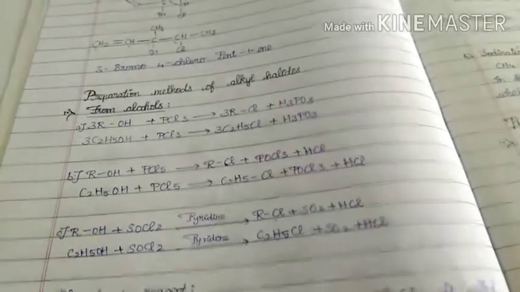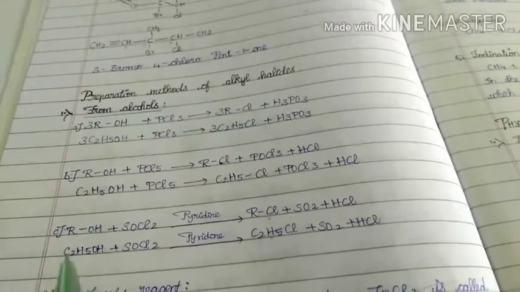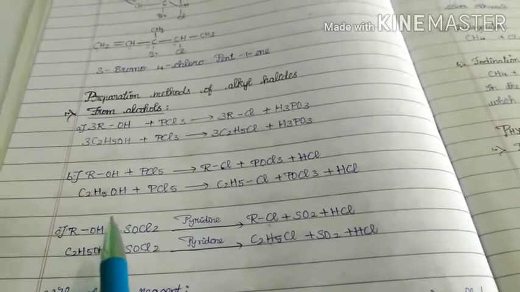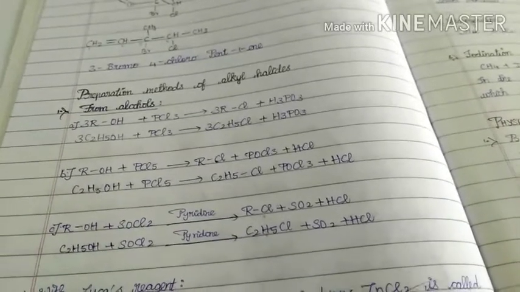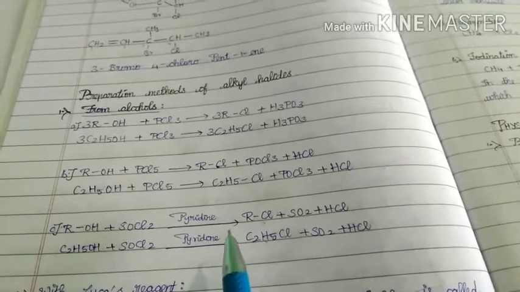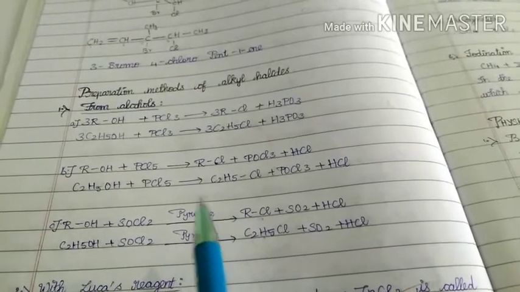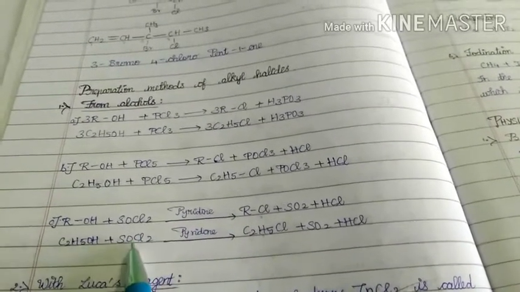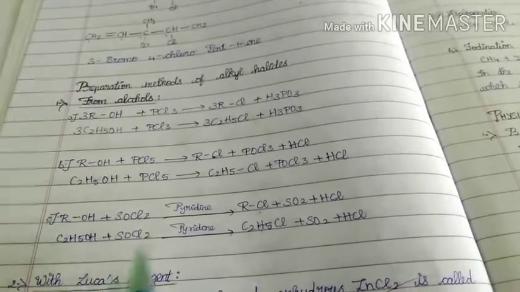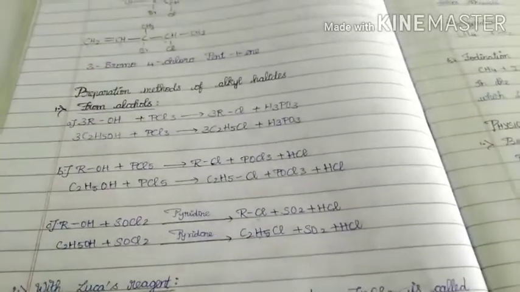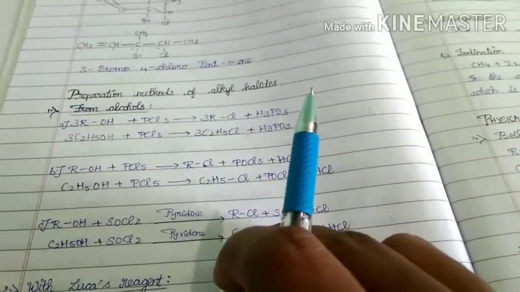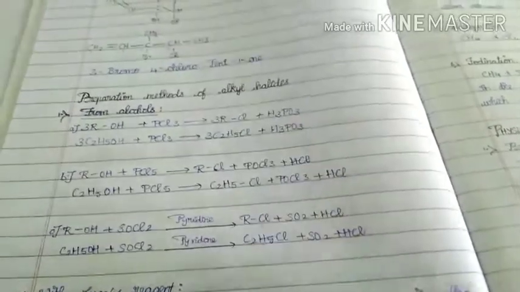That is the important point. I repeat once again, when alcohols react with halogen compounds, those halogen atoms replace the OH group from the alcohol, then alkyl halides will be formed. So these are the three methods of preparation of alkyl halides from alcohols.